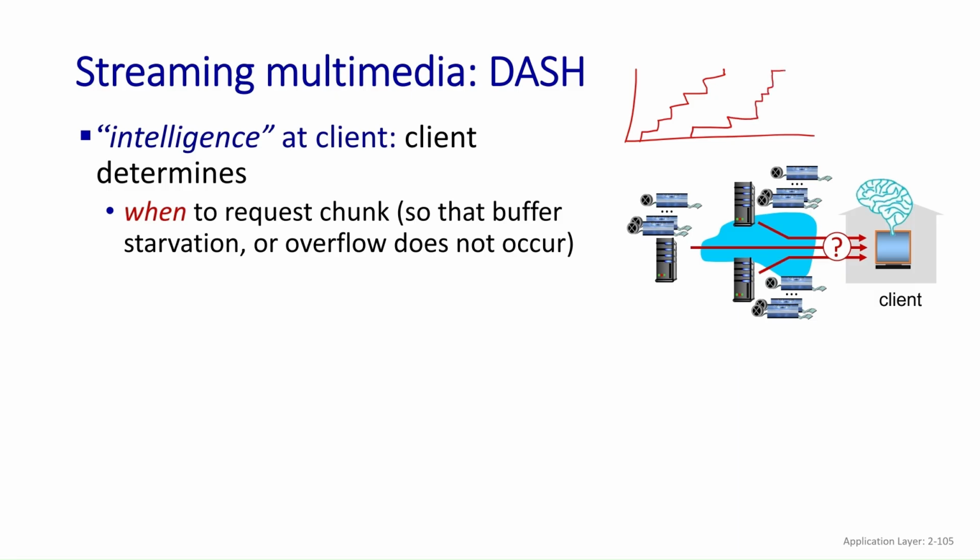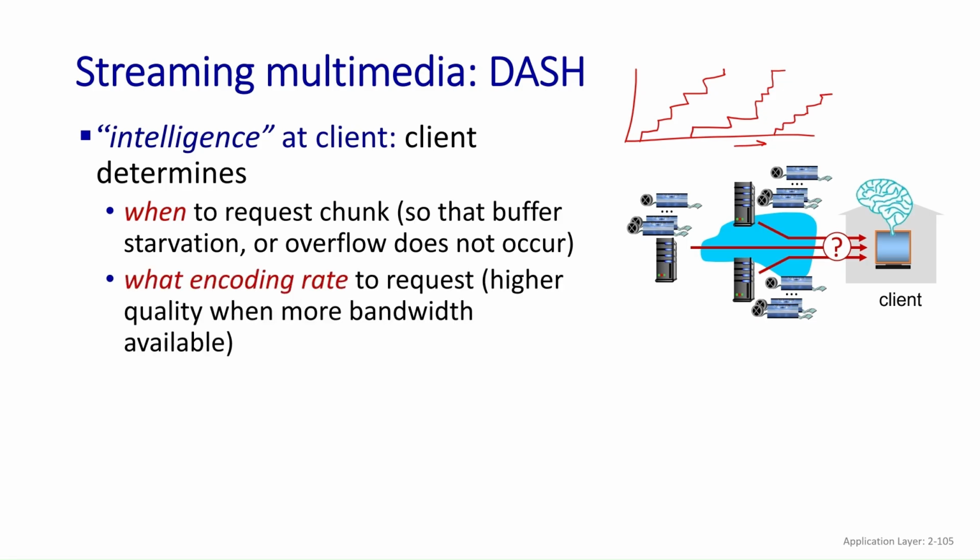So we want the chunk request to ensure that we do not have buffer overflow or buffer starvation. This is my playout buffer, to make the play out match the original one, right?